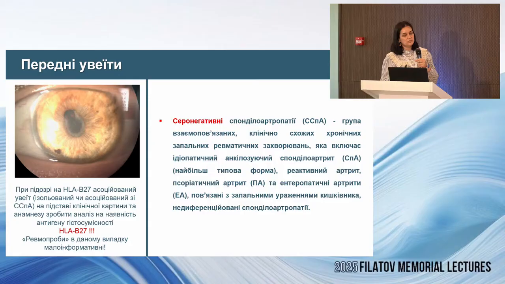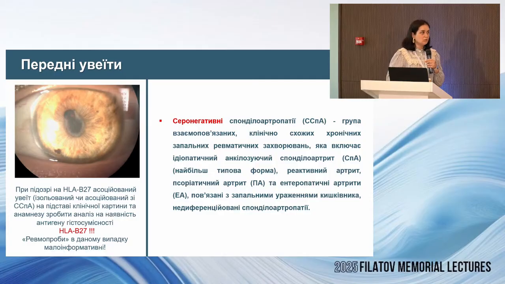And generally, if we are talking about types of uveitis, 2/3 of them are anterior uveitis, but all over the world, from 8.5 to 19% of uveitis are autoimmune uveitis. HLA-B27 is the most widespread reason for uveitis development, and it's a seronegative arthropathy group.